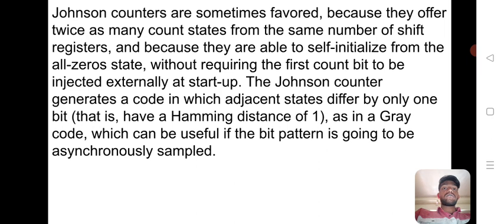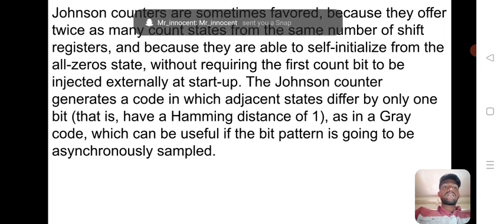The Johnson counter generates a code in which adjacent states differ by only one bit, that is a Hamming distance of one, as in Gray code, which can be useful if the bit pattern is going to be asynchronously sampled.